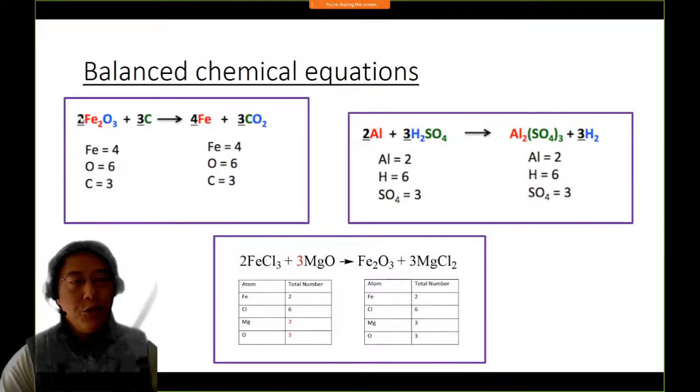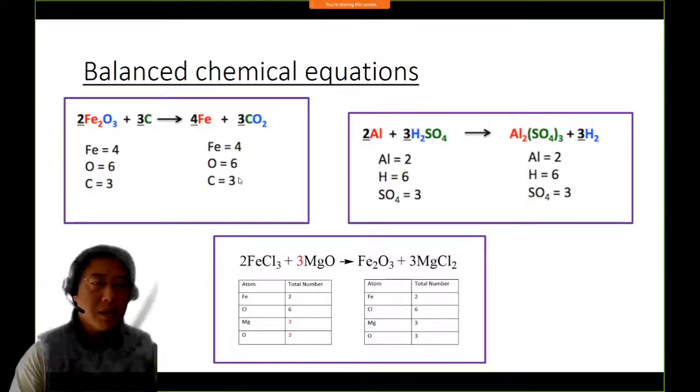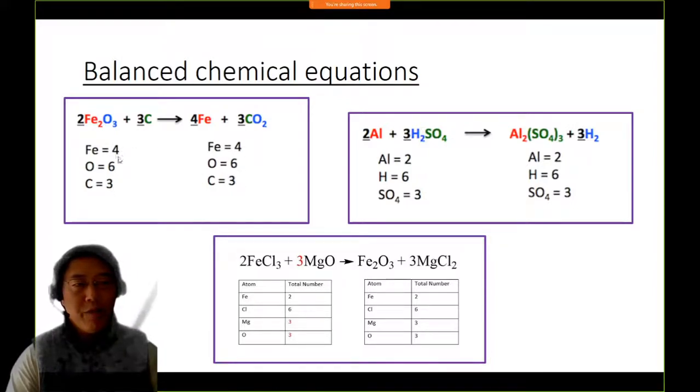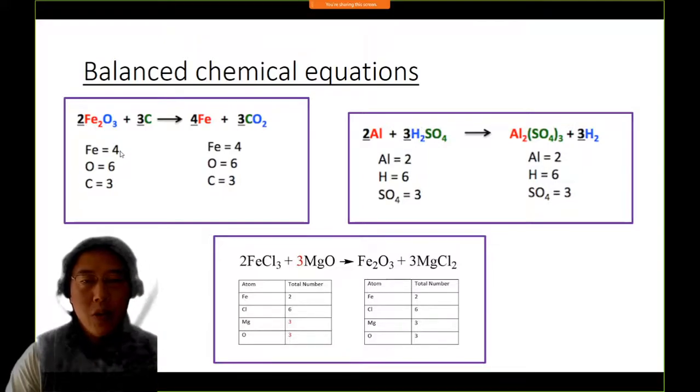When you have a 2, it means you multiply everything on that side by 2. Because you have an O3, you have 3 oxygen atoms for this molecule, and you need to double it. So 2 times 3 will give you 6 oxygen. You do the same on the product side, and that's how you get the product and the reactant counts. You have 6 on the left and 6 on the right hand side. So it is balanced, and that's what you aim for.